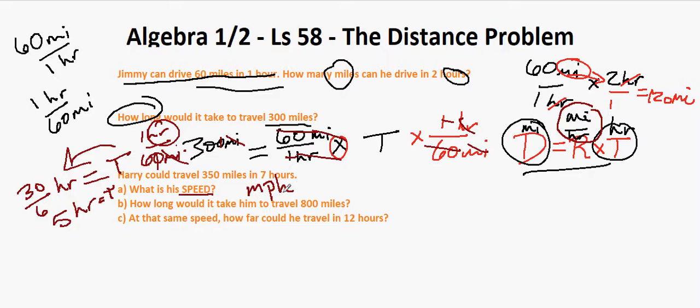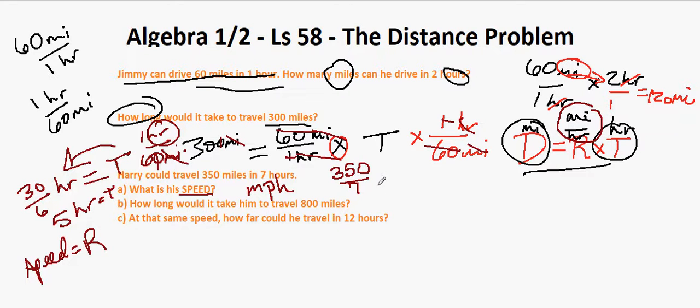As long as miles is over hours, we call it speed. So we take the distance and we put it over the time, hours, and that's our speed. Speed is rate with distance on top.